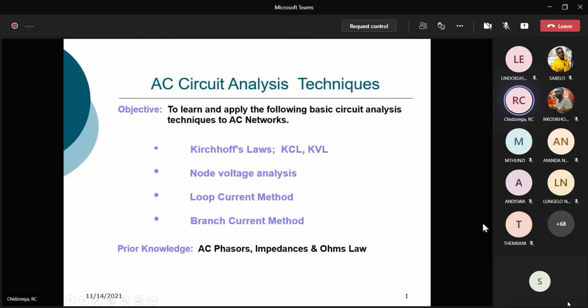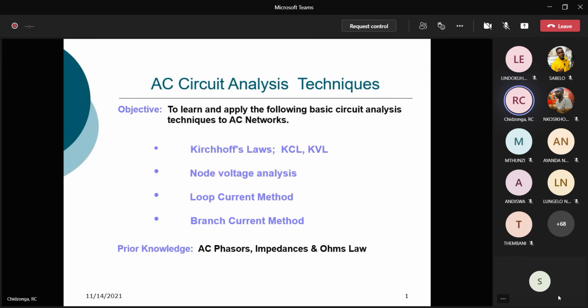Now, here we arrive at this new topic in the remaining few minutes. Most of the time, we have spent it looking at basically Ohm's law as it applies to circuits that have got impedances.